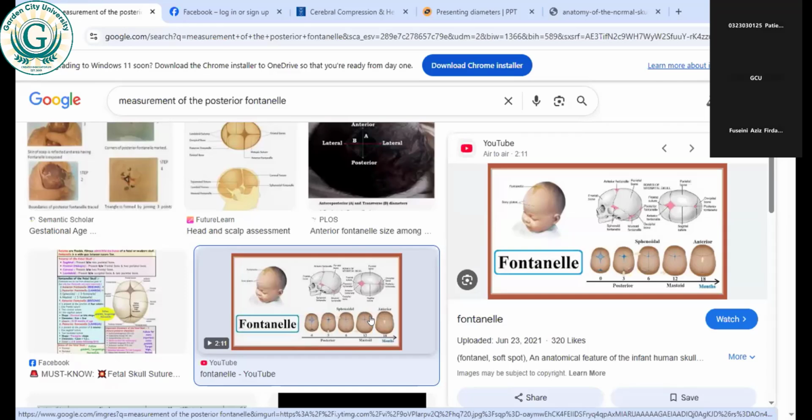With the vertex, we said the vertex is the most suitable presentation, and it has two types: the flexed vertex presentation and the deflexed vertex presentation.